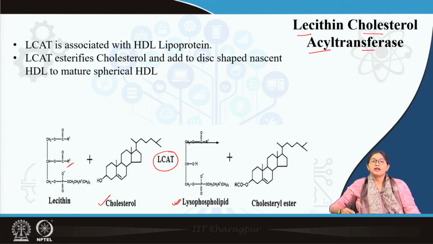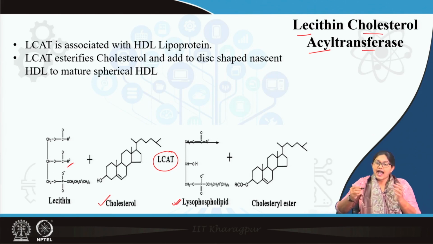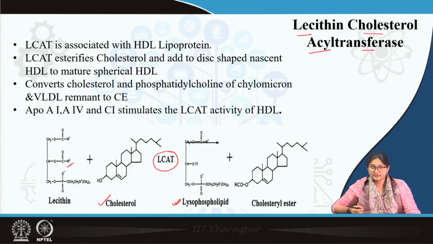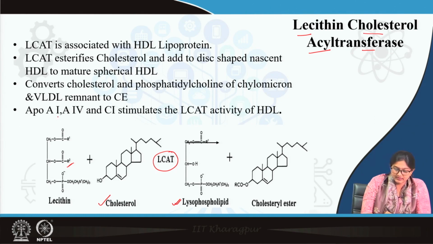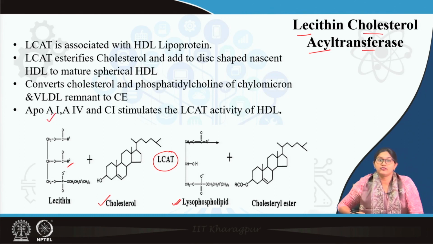Now, lecithin cholesterol acyl transferase, or LCAT, is actually associated with HDL and is activated by the apoprotein A1 mostly. Also C1 and A4 stimulate the LCAT activity, but the most important activator of LCAT is ApoA1, and remember pre-beta HDL contains ApoA1 in huge amount.